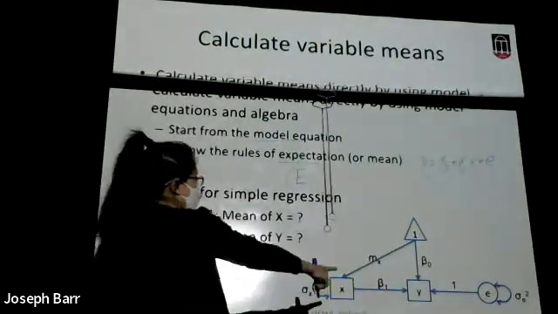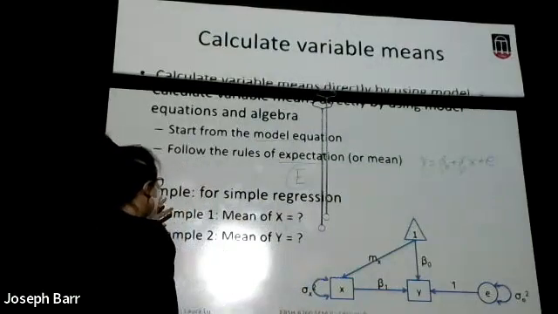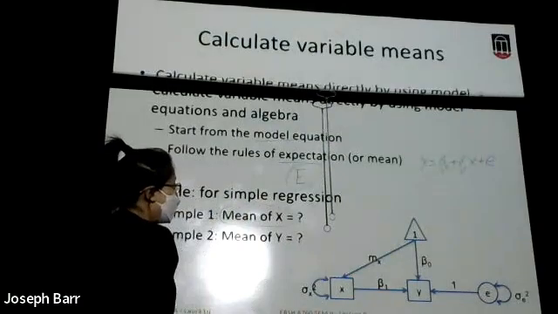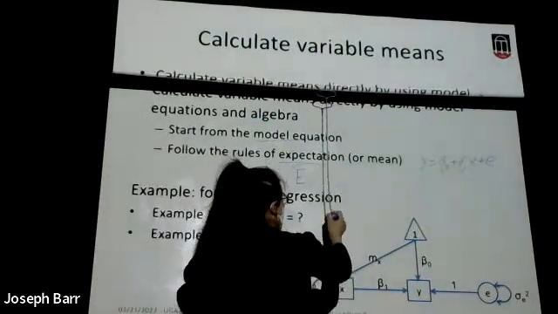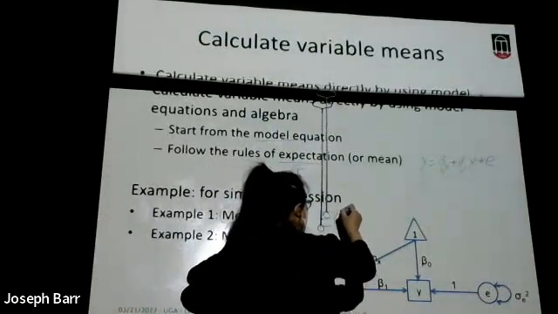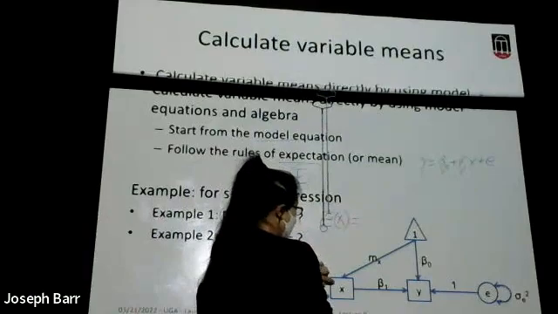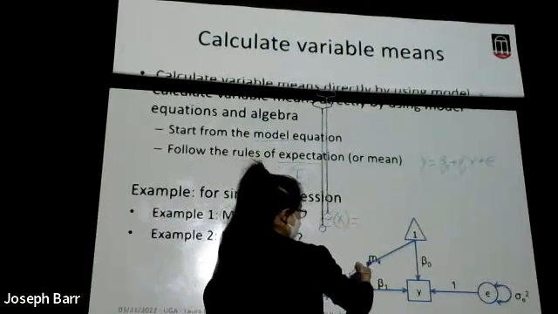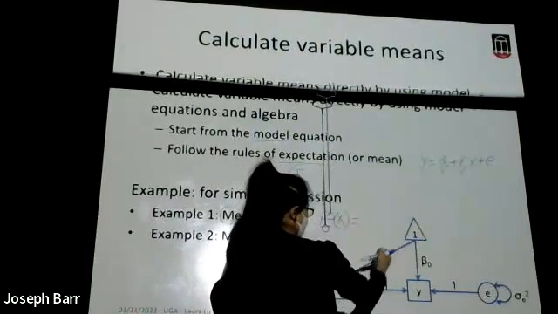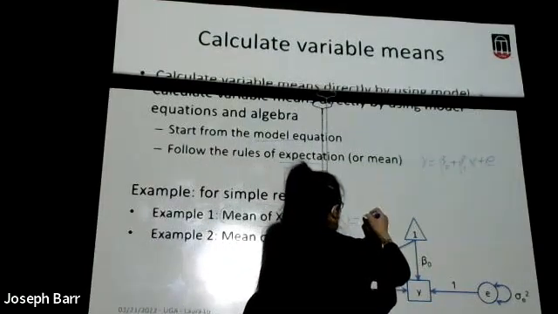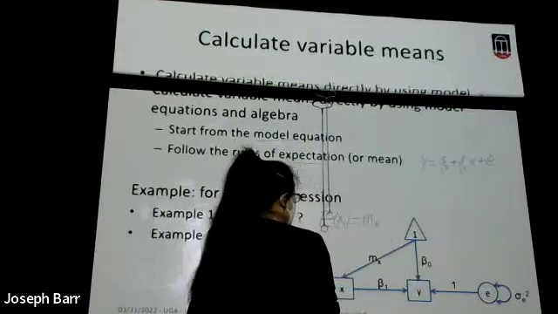So if we have a really simple case, simple linear regression, then the question is, what is the mean of x? So it's the expectation of x. In this case, it's quite simple. We know that the expectation of x is mx. Then we have the mean of x.